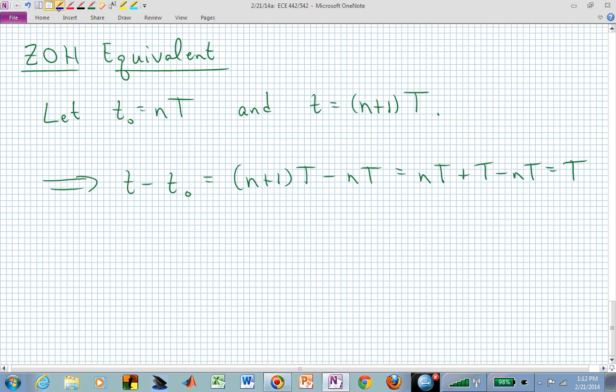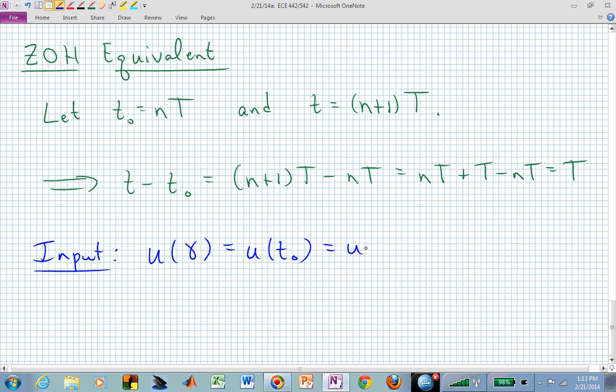The other concept that we said we were going to be living with was the fact that our input over any particular sample period interval, capital T, let's say that that's u as a function of gamma. Gamma is our independent variable. We are going to set that equal to whatever it is at the beginning instant of that sample period, and we're calling that in this case t sub 0.